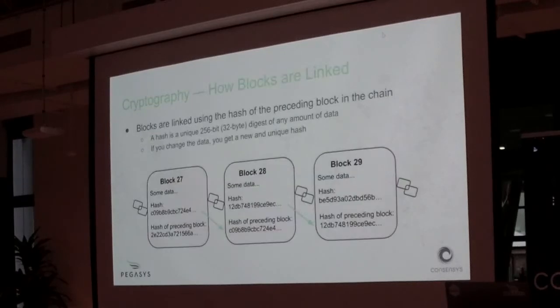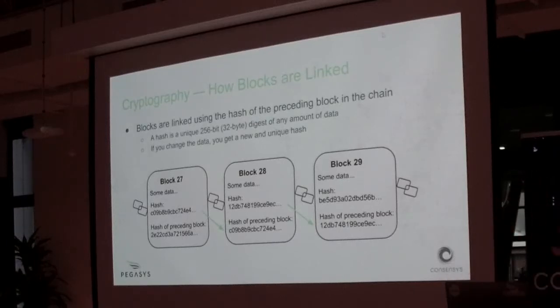First of all, let's look at how blocks are linked together in the chain. We have this concept of a hash, or a data hash. A hash is a unique digest that is 32 bytes long of any amount of data you can think of. Any time you change the data, you will come up with a completely new hash.